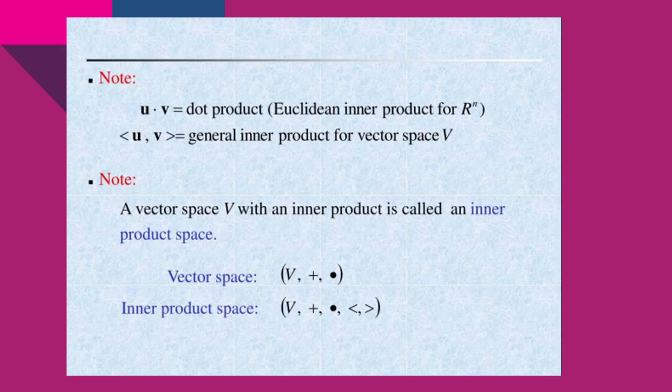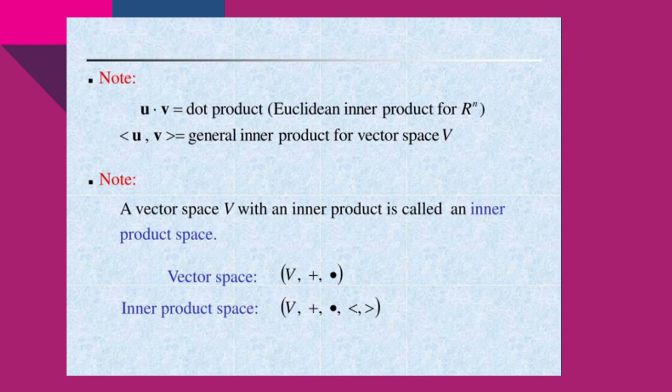Let's clarify some terms. The regular dot product we learned earlier is actually just one specific example of an inner product. It is called the Euclidean inner product for Rn. The more general angle bracket notation, u, v, stands for any inner product defined on any vector space V. When a vector space V is given a specific inner product to work with, we call the whole package an inner product space.